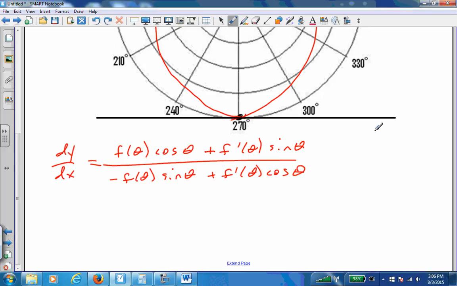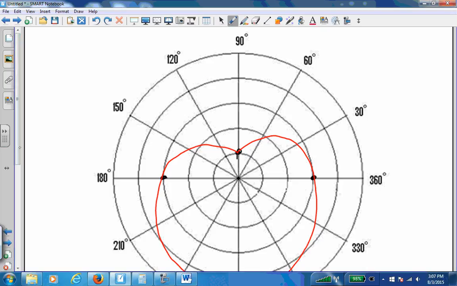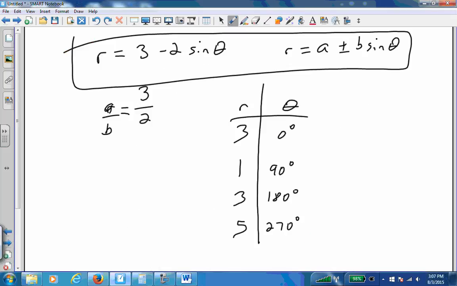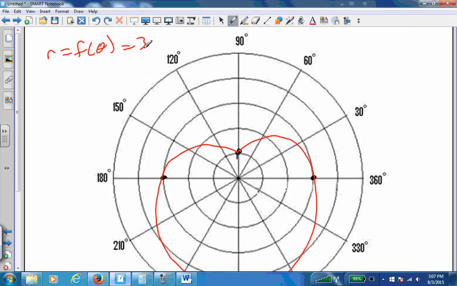And again, that comes from that y is r sine, x is r cosine. So our r, which we're calling a function of theta, was 3 minus 2 sine theta.